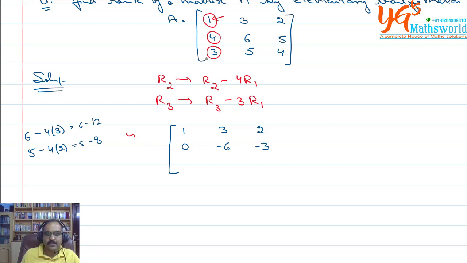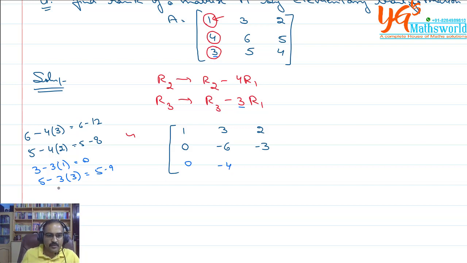Now in the next row what we have is 3, so 3 minus 3 times R1, so it will be 0. Now the next step will be 5 minus 3 times 3, so it will be 5 minus 9, that is minus 4.